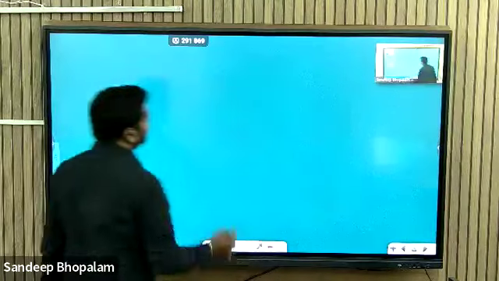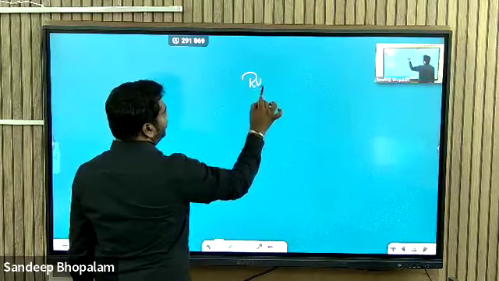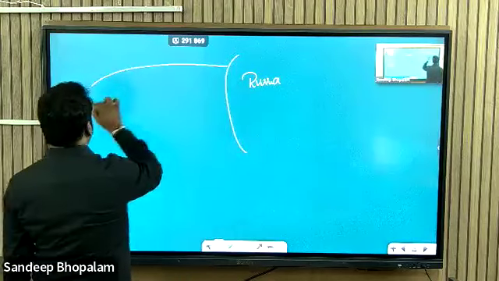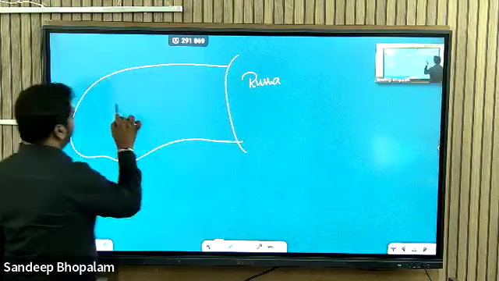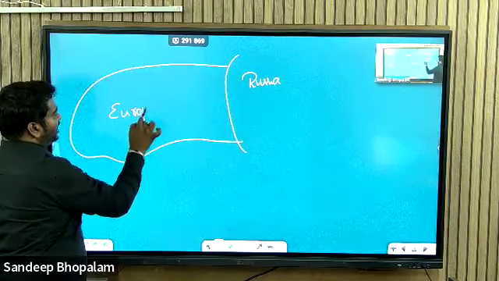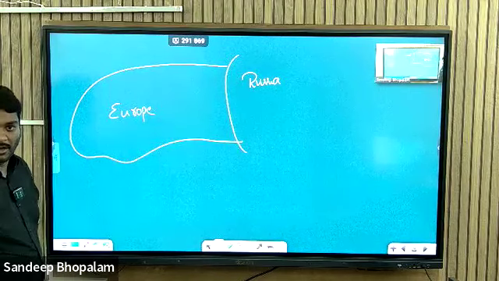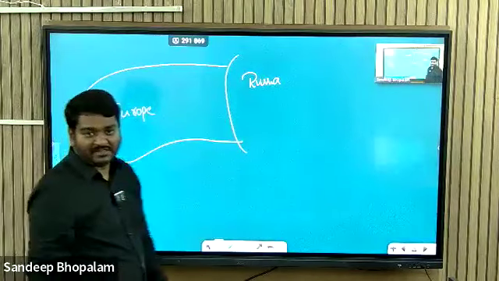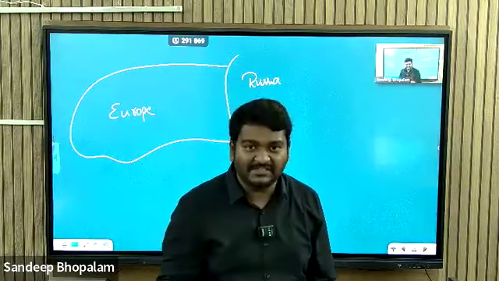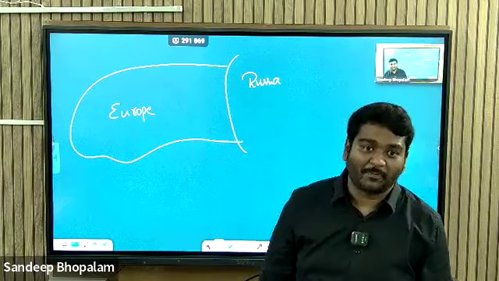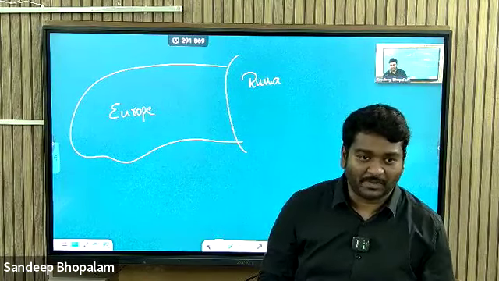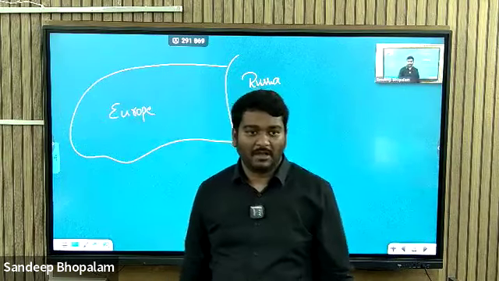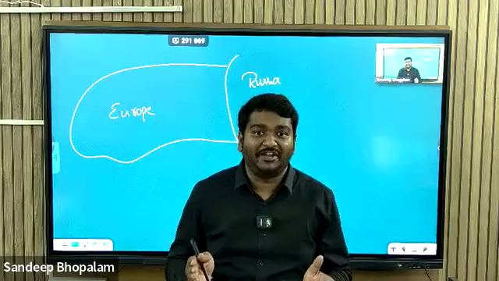You see here, if this is Russia for you, please bring an atlas tomorrow. If this is Europe, just beside Russia, Europe is there. US is far. Now, European countries were in the mindset whether I should support USSR or I should support US, or will I fall in a trap between them?